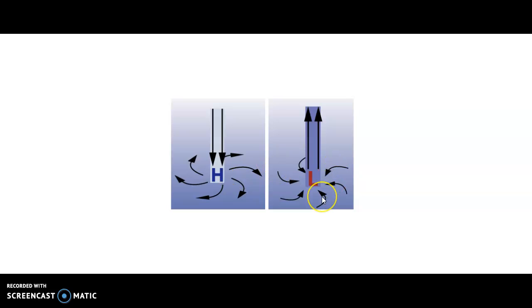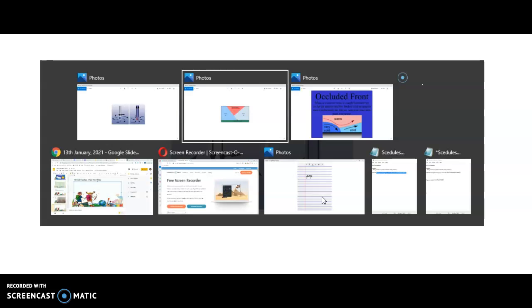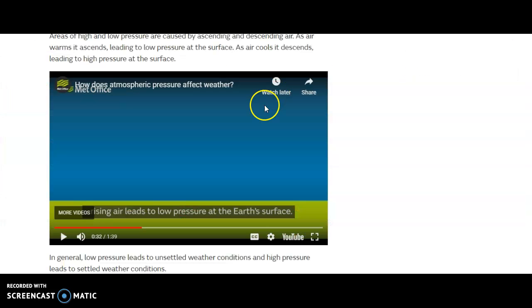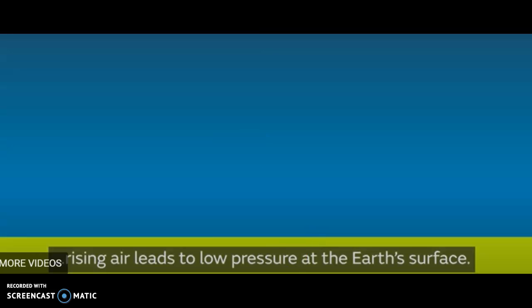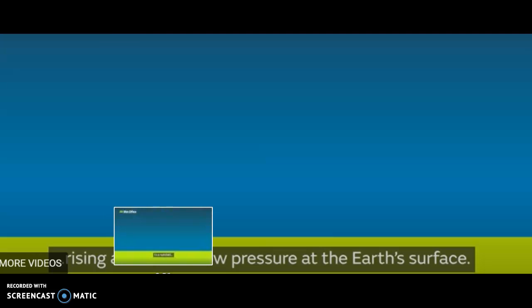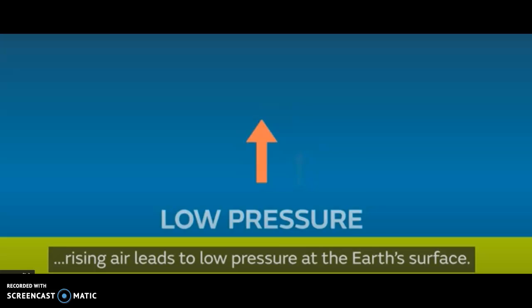And when there is low pressure, we probably get little storms and the weather is a lot cloudier. So we're going to take a quick look at an example of how the high pressure and the low pressure look.